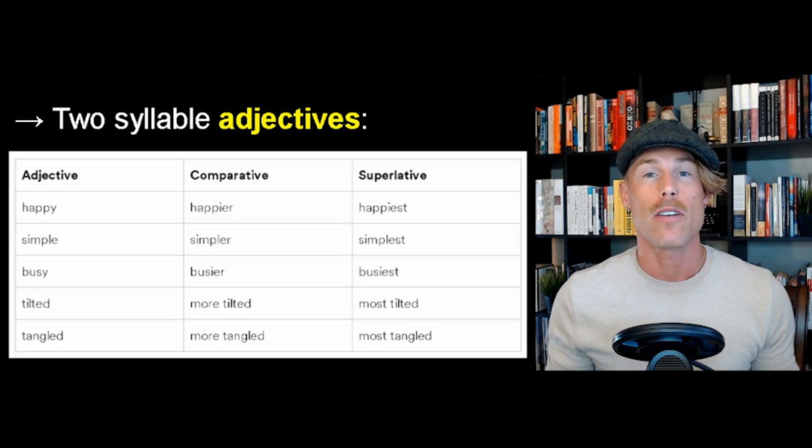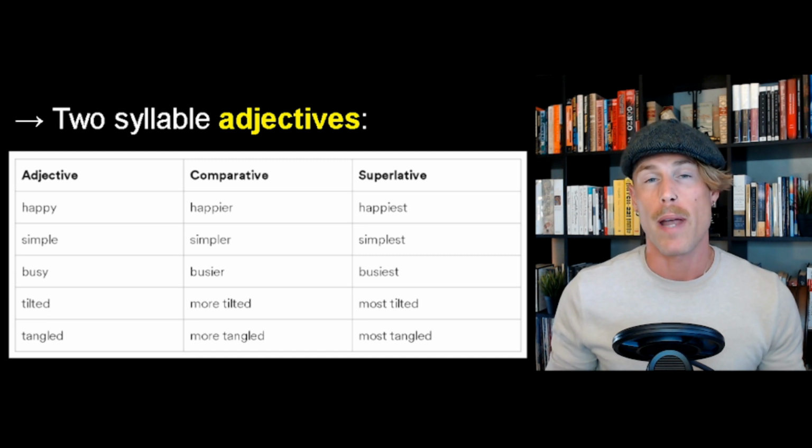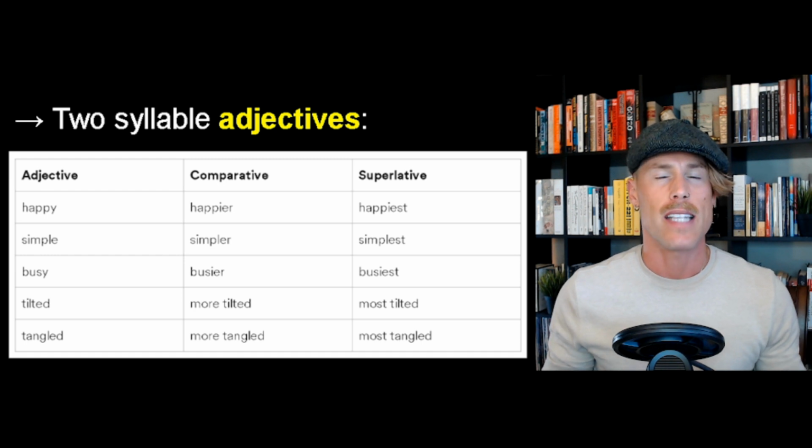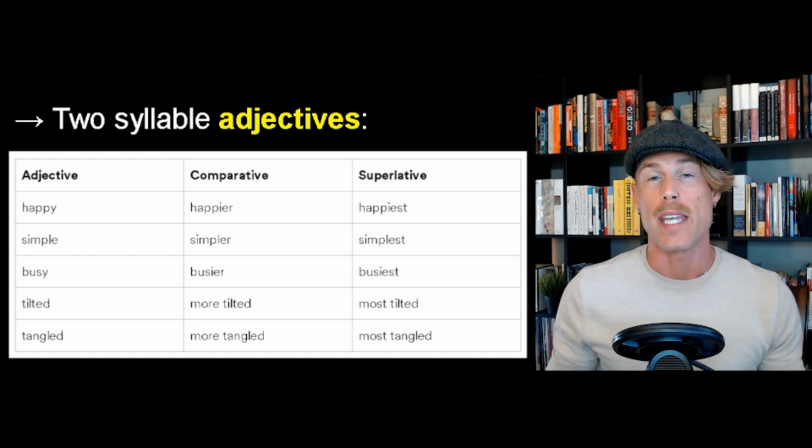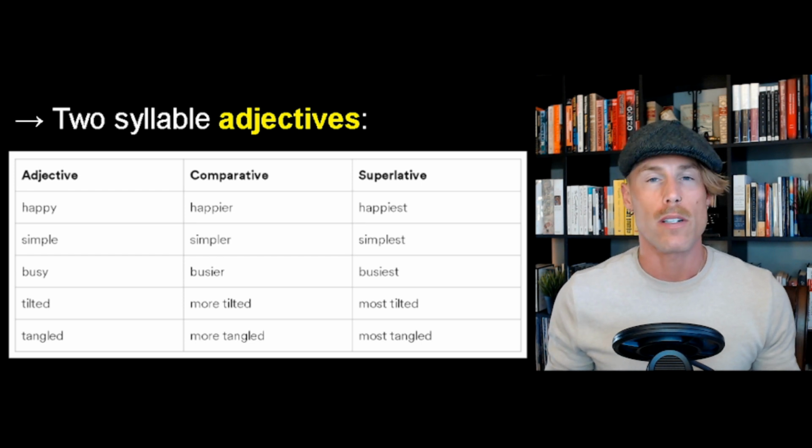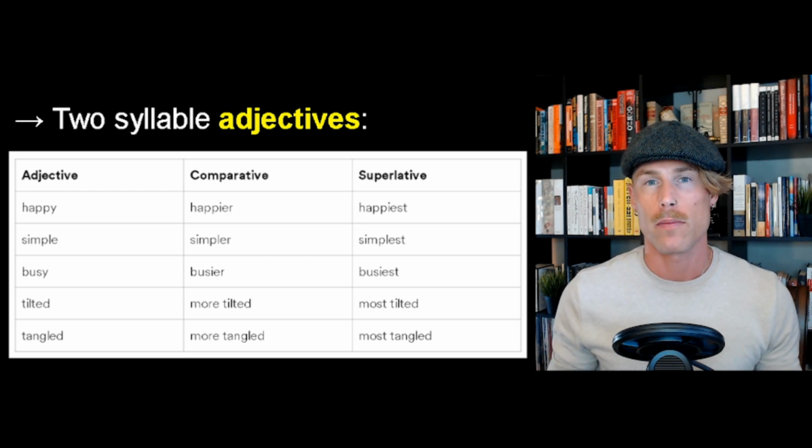Okay, here's a chart of two-syllable adjectives with the comparative and the superlative. Happy, simple, busy, tilted, tangled. Happier, simpler, busier, more tilted, more tangled.